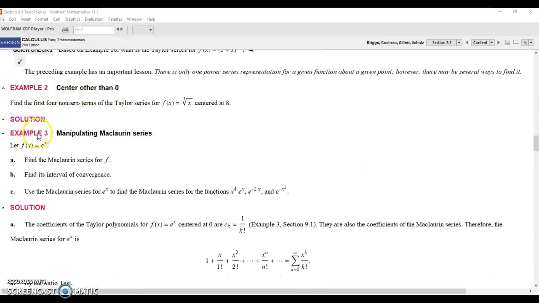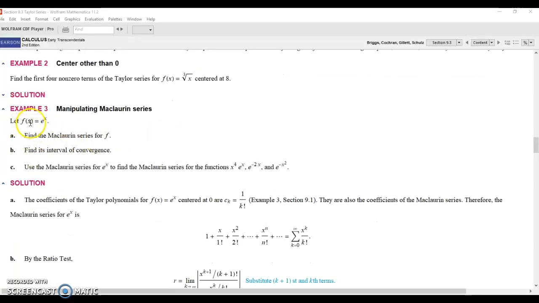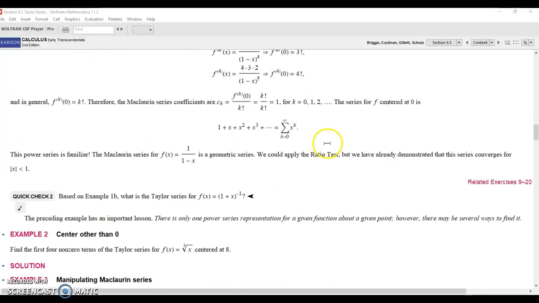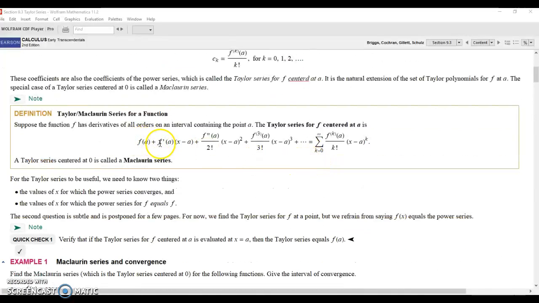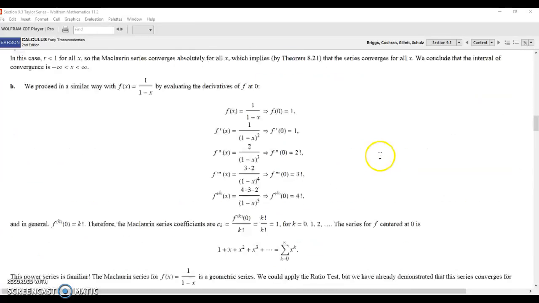Example 3 is called manipulating Maclaurin series. They want us to find the Maclaurin series for e to the x. That basically involves expanding e to the x at 0, right? So we're doing e to the 0 plus the derivative of e to the x evaluated at 0 times x minus 0, and so on and so on.